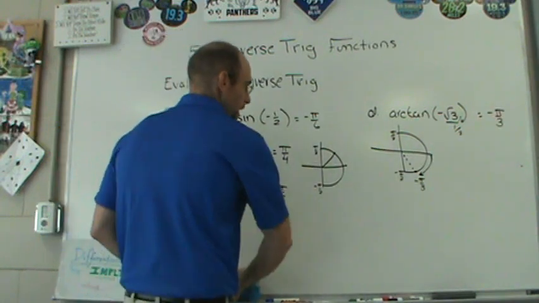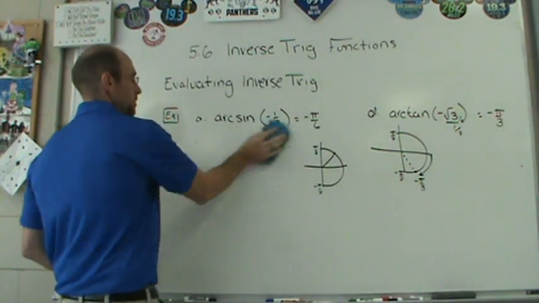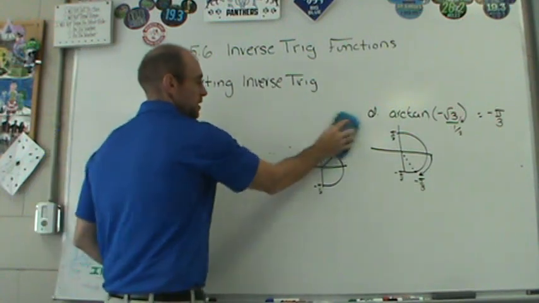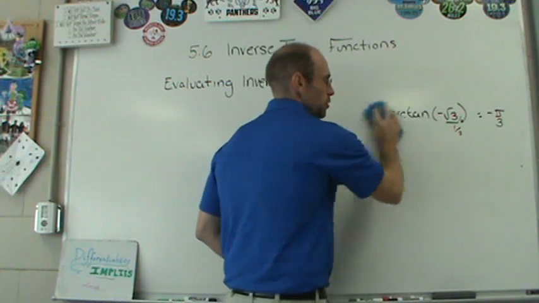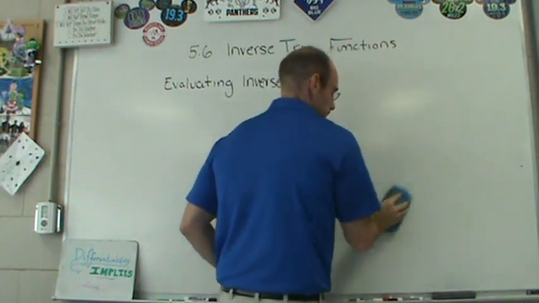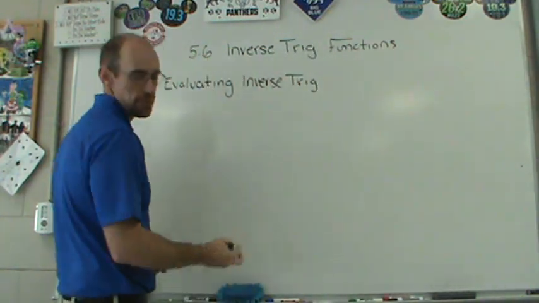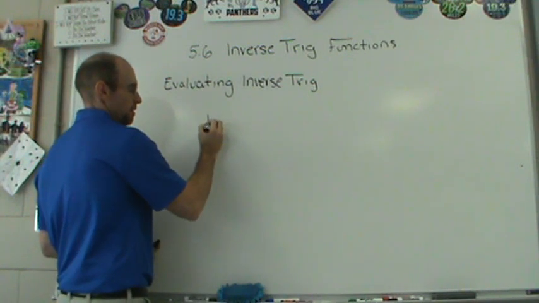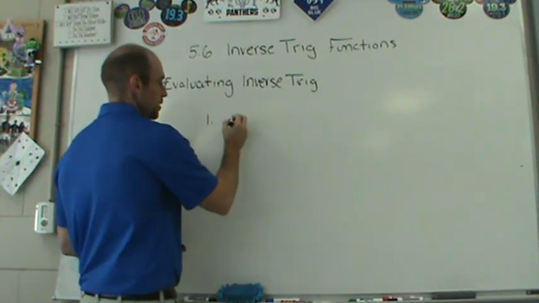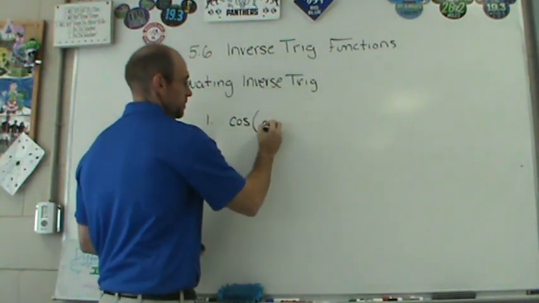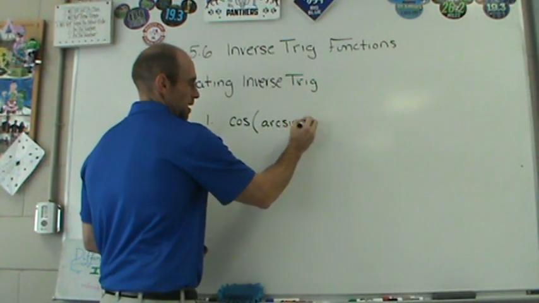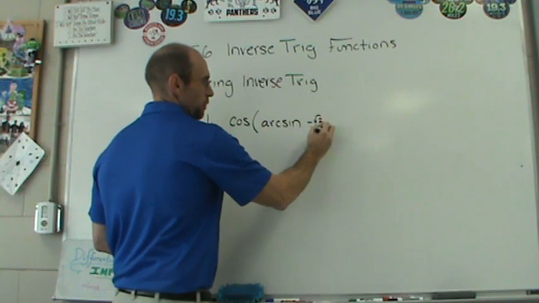All right, so let's take a look at a little bit more challenging problems where we put two trig functions together. Doesn't make it insanely difficult, but what if we did cosine of arc sine of -√2 over 2?